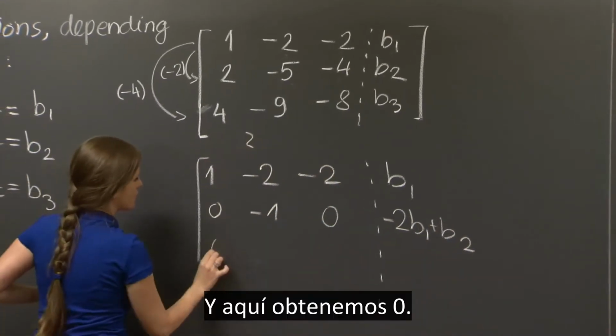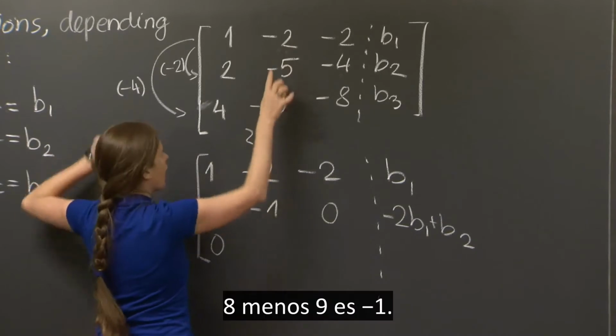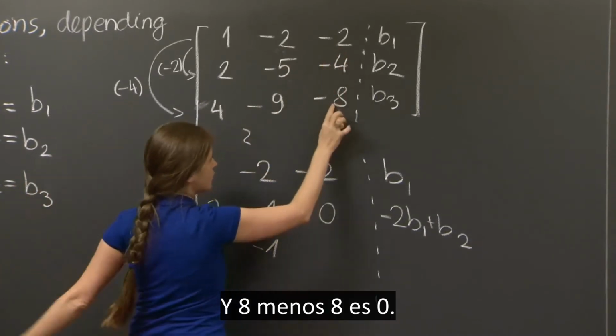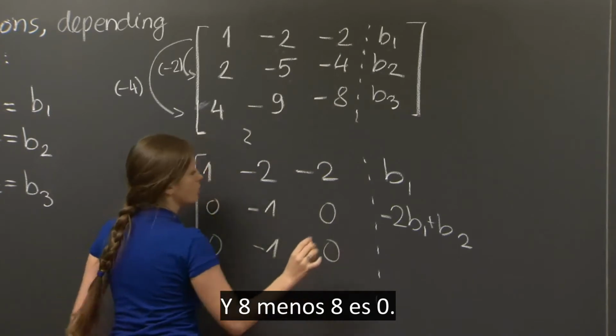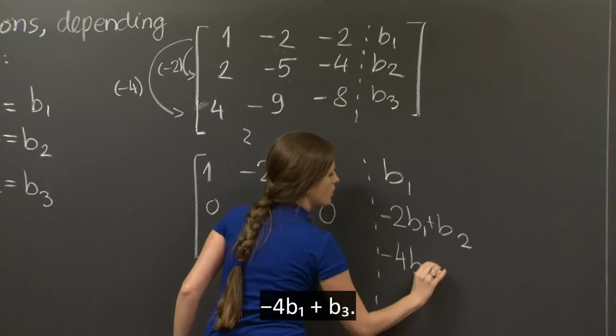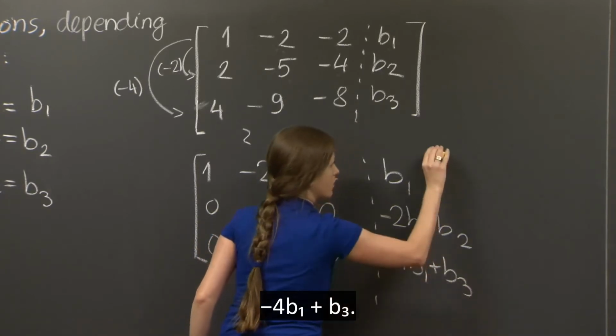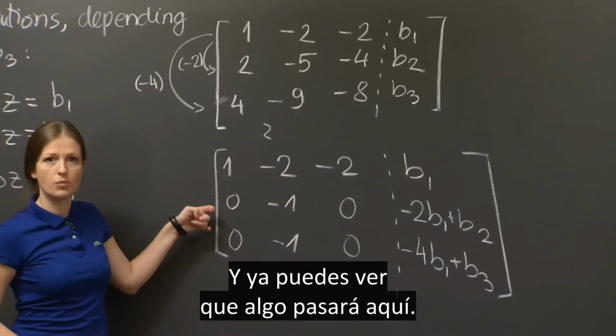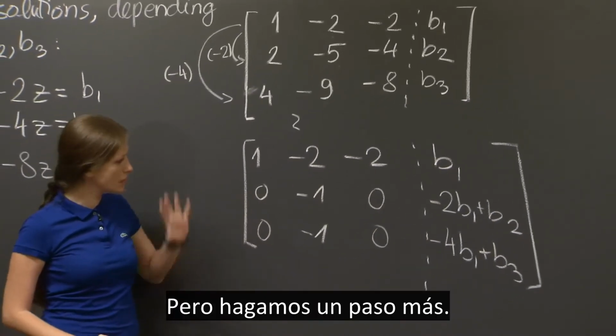And here we get 0, 8 minus 9 is minus 1, and 8 minus 8 is 0. Finally, on the right-hand side, minus 4b1 plus b3. You can already see that something's going to happen here, but let's do one more step.